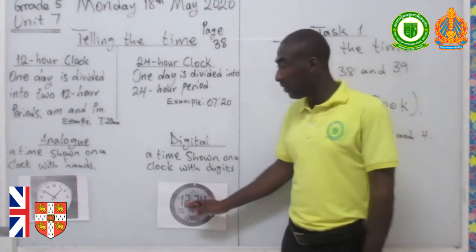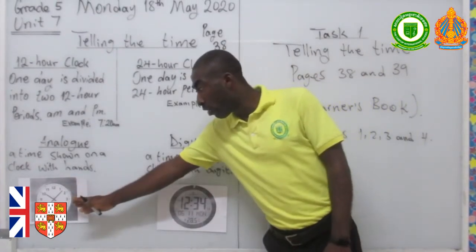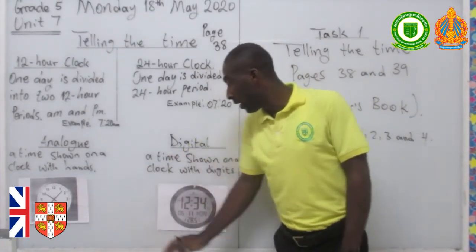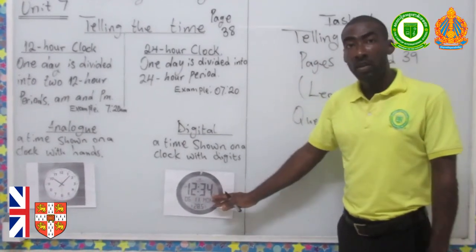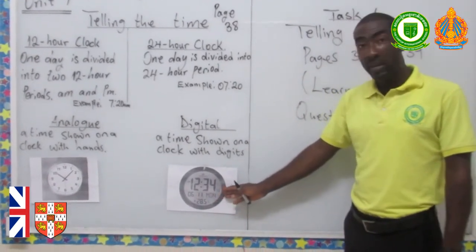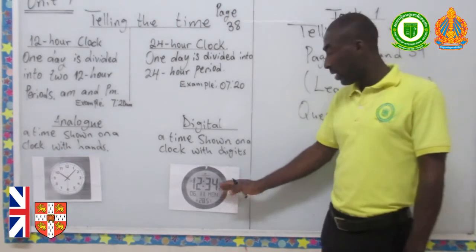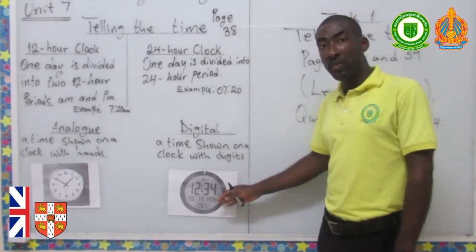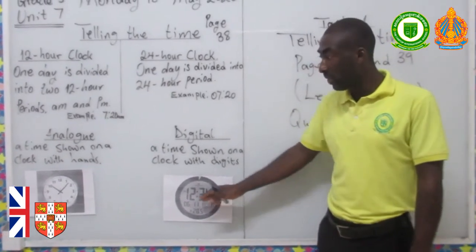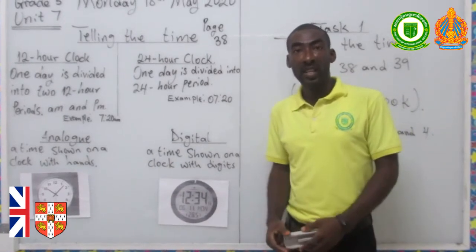Okay, so these are the differences between our normal wall clock, which is an analog, and then the time that we see on our mobile phones and our new watches. So this is digital and then that of analog.